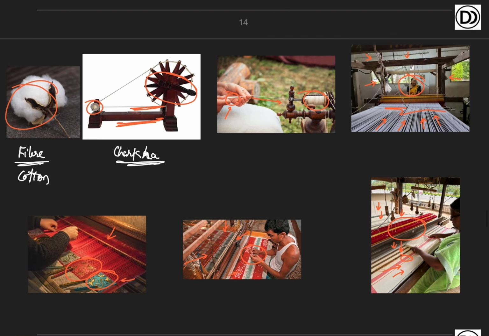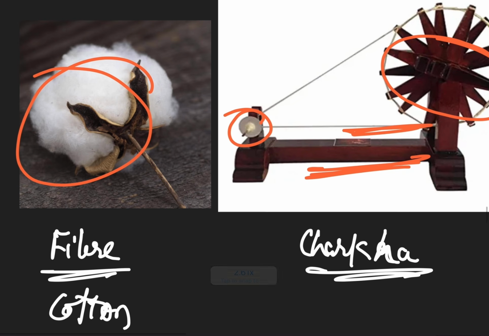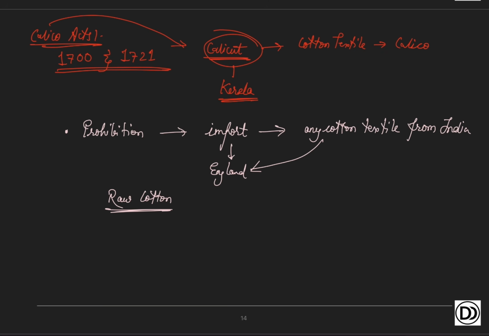Now this we have seen, this is the raw cotton fiber. This fiber was exempted from the import ban. This exception was given so that the local textile industry in England, the English manufacturers, could use this raw cotton to make cotton textile.